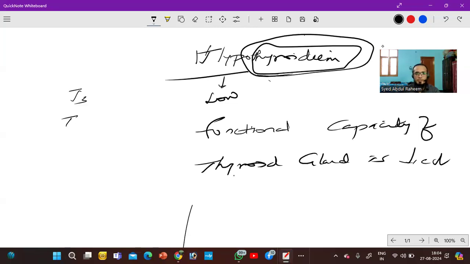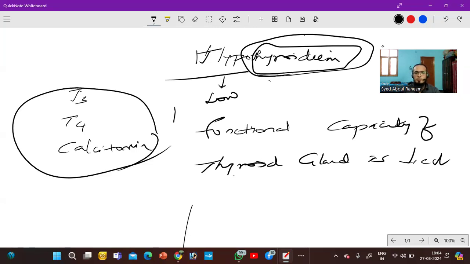T3, T4, and calcitonin. It means that these hormones are released in less amount in the body due to the non-functional, dysfunctional, or less functional thyroid gland. So what will happen?